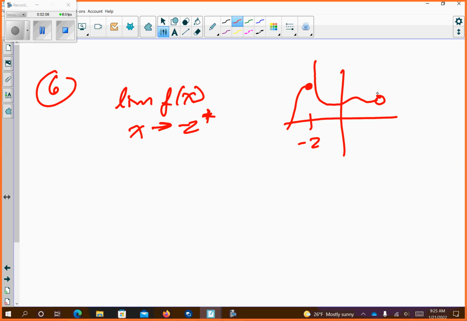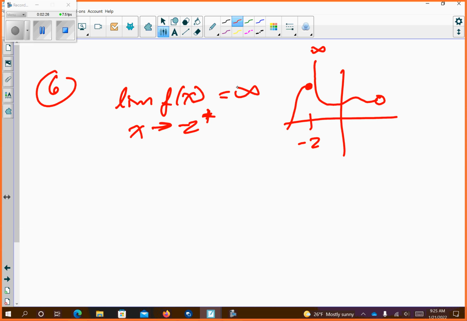Okay, so we're coming from the right, so we're on this graph. Where does this seem to be heading towards? Infinity. So this is going to infinity.